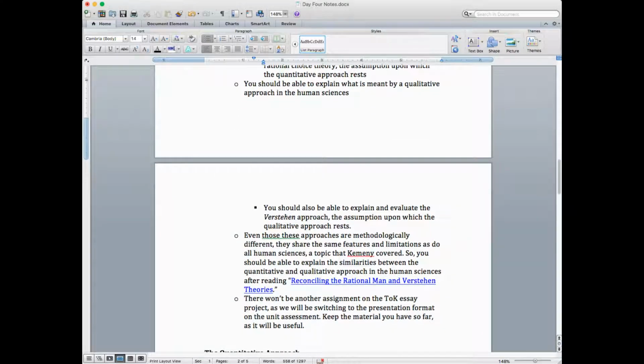You should also be able to explain and evaluate the Verstehen approach, the assumption upon which the qualitative approach rests. And then, even though these approaches are different, you should be able, after looking at reconciling the rational man and Verstehen theories on your guided learning sheet, put down how they're similar.